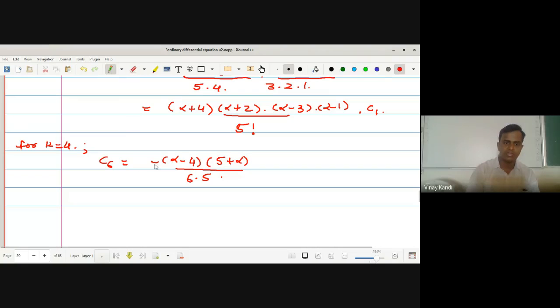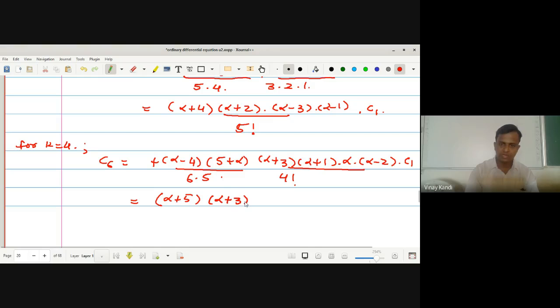C4 केल्यानंतर इथे प्लस होईल, हा मायनस मायनस. ओके, काय येईल, अल्फा प्लस 3 अल्फा प्लस 1 into alpha, this is alpha minus 2 into C1 divided by, this is 4 factorial, okay, which is equal to, now write first alpha plus 5, okay, then alpha plus 3, then alpha plus 1 into alpha, alpha minus 2 into alpha minus 4 into C1 divided by 6 factorial. Okay, any doubt?